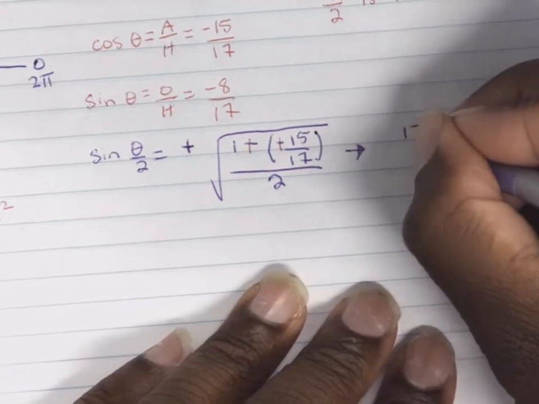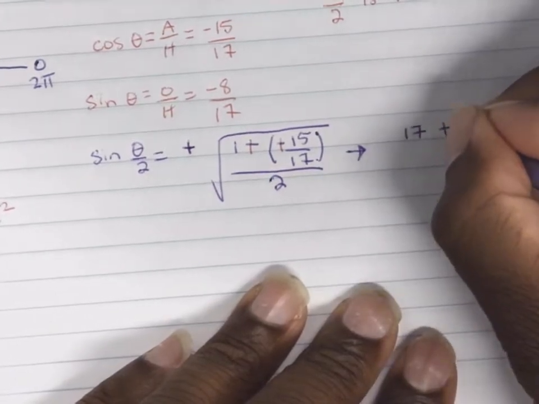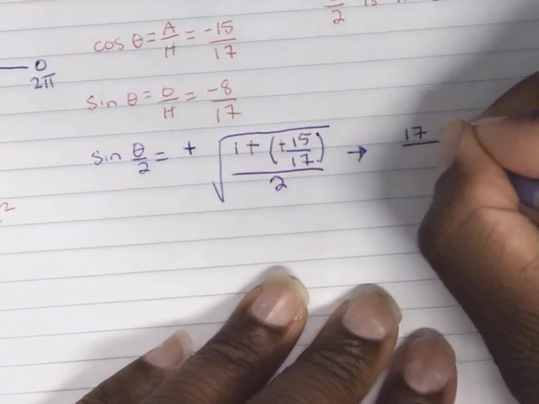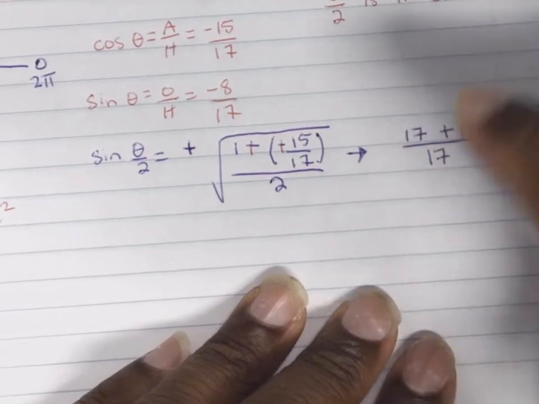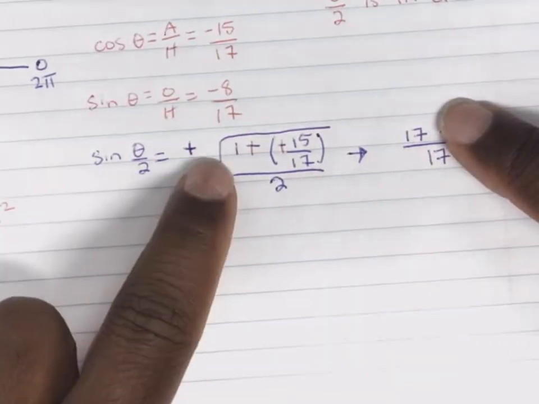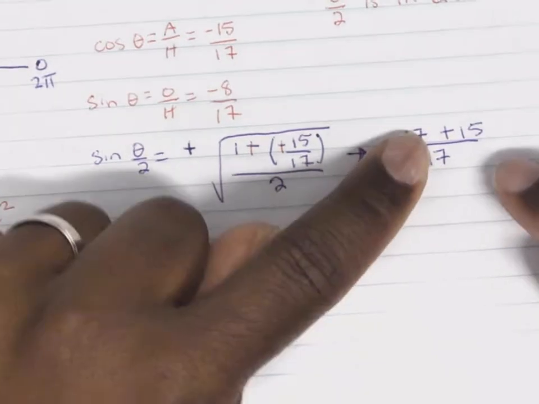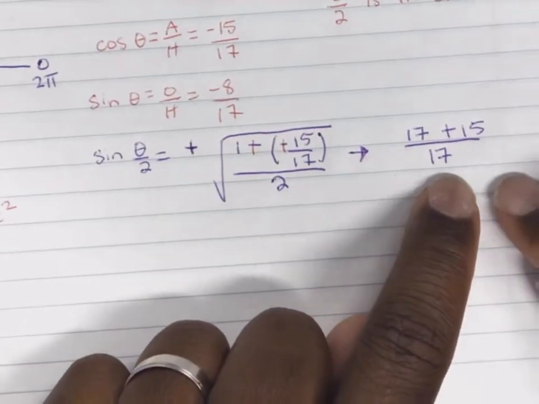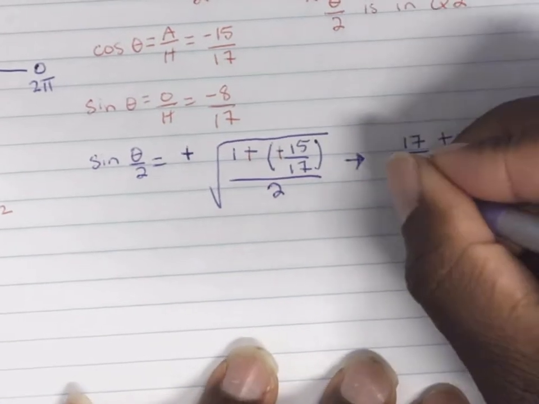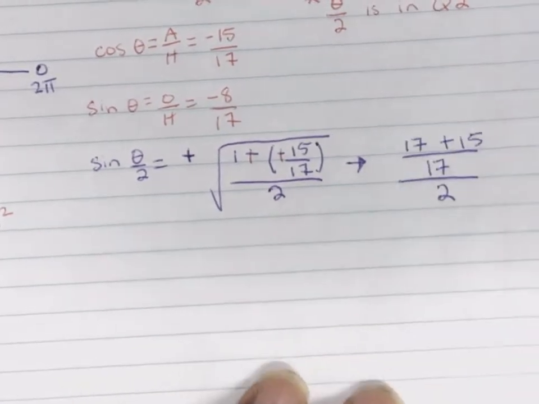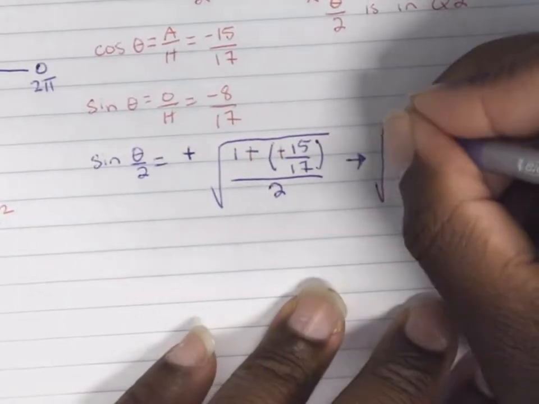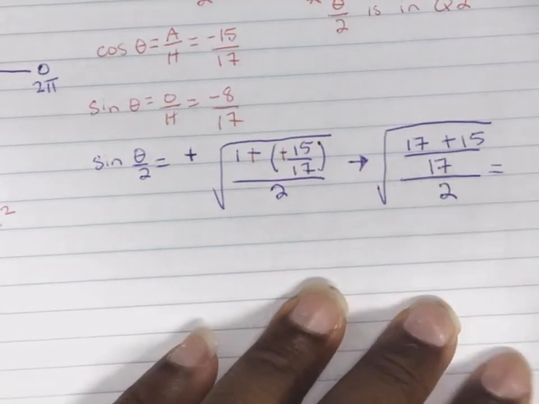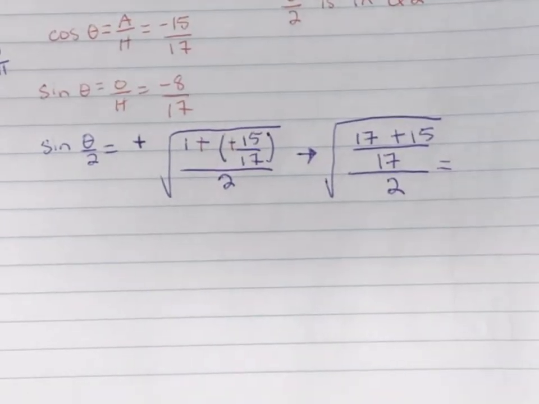So 17 over 17, that's my 1. And then 15 over 17 is what I already had. Since both of them now have a denominator of 17, I just put them together. Then this is all over 2. 15 plus 17 is 32, I think.